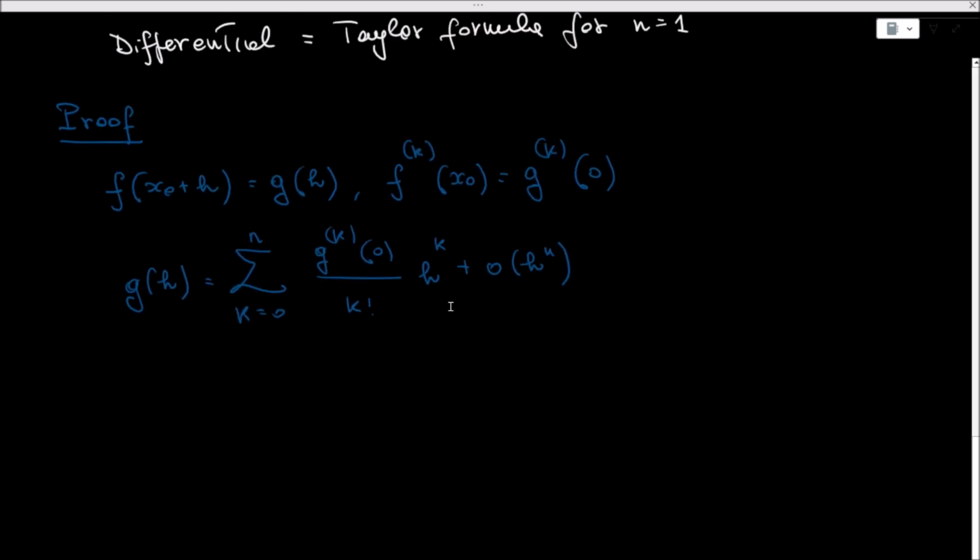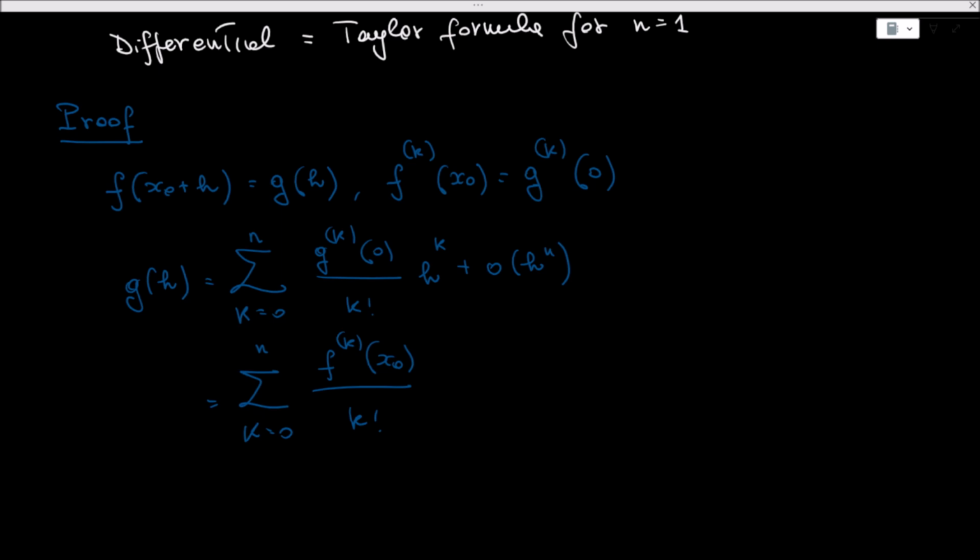But with the previous positions, this gives the sum for k from 0 to n. Instead of the kth derivative of g at 0, we just replace the kth derivative of f evaluated at x naught divided by k factorial, and instead of h, we replace x minus x naught raised to the k, plus little o of, instead of h, x minus x naught raised to the n.